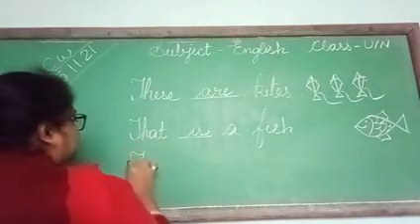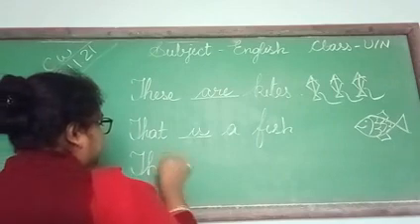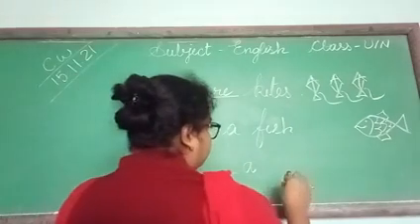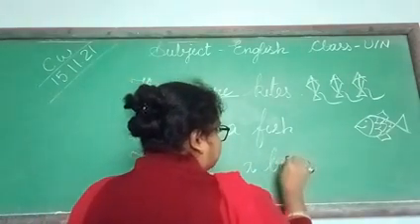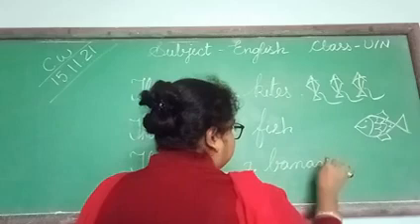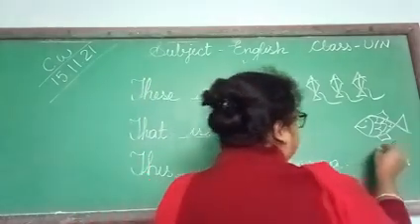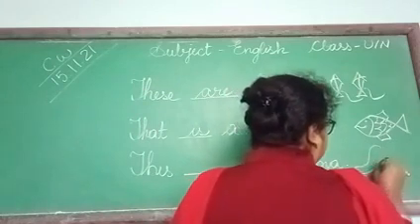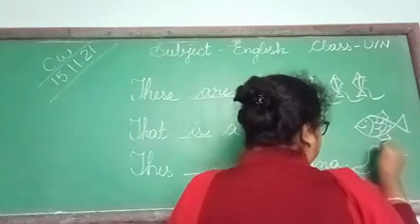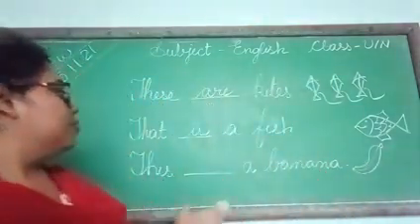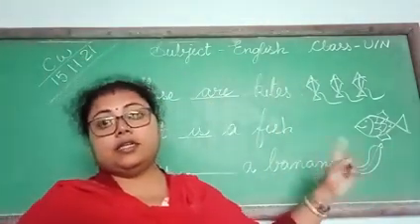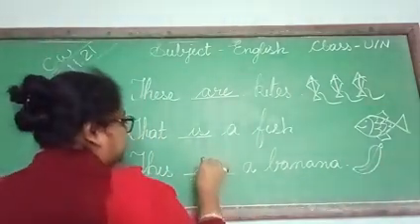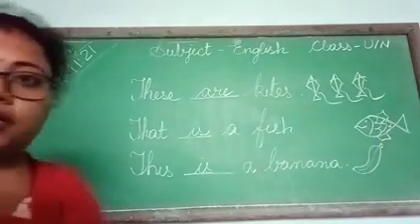Okay. Then, T-H-I-S, this dash a banana. So this is one, singular. So beside this, what will you write? Is. This is a banana.